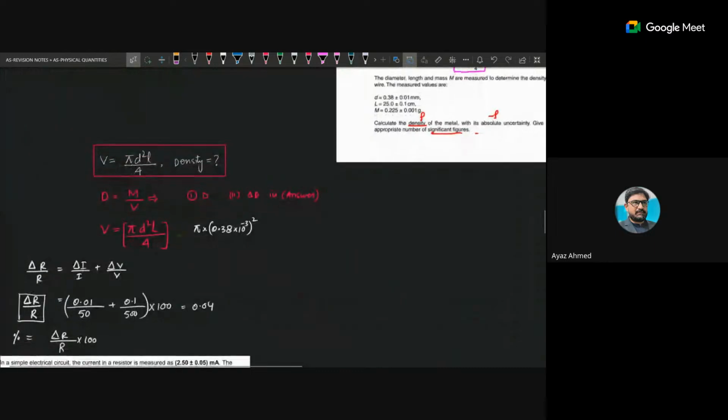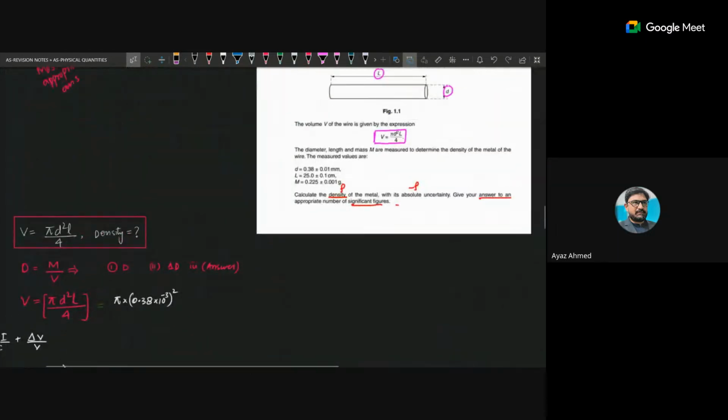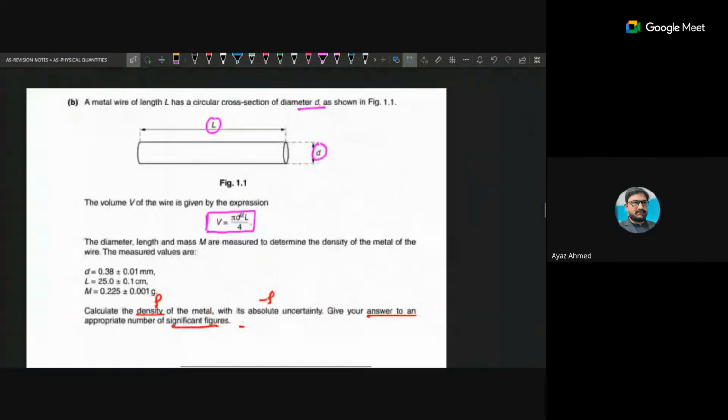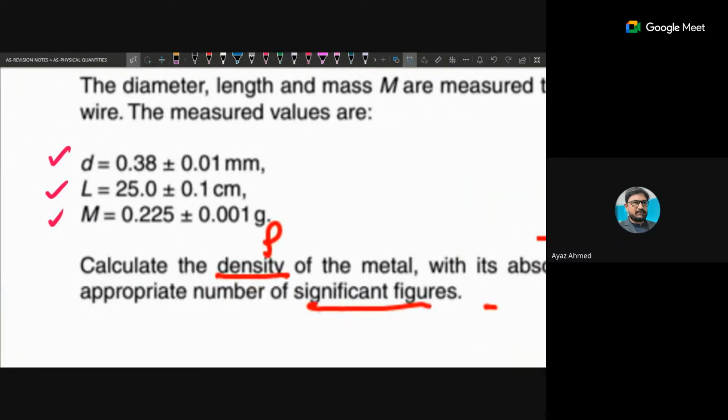So here is one example. I would like to solve this for you. This is the question, and it tells us that a metal wire of length L has a circular cross section of diameter D, and the formula for the volume is given to you: v is equal to pi d square L divided by 4. The absolute uncertainties are given to you here.